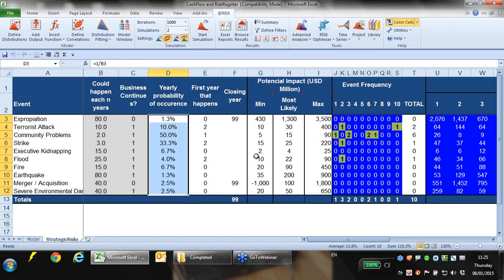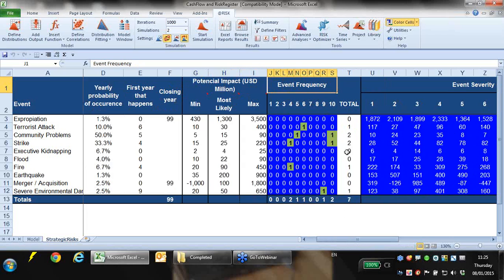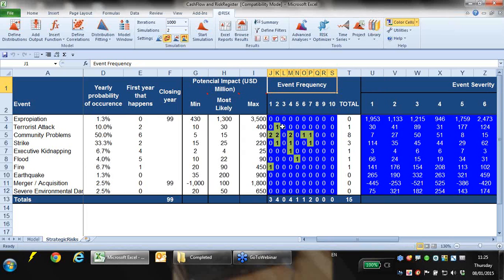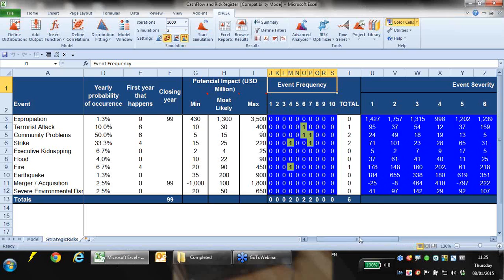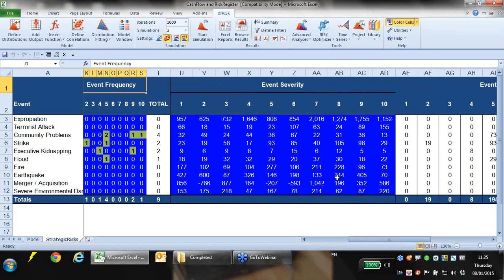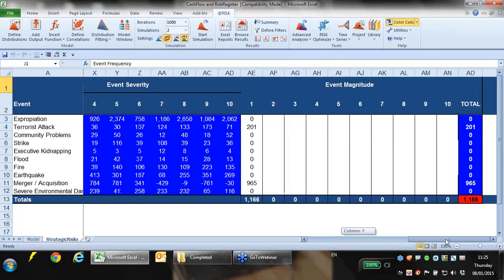Here we're simulating the frequency, so how likely it is that the events are going to happen within a given time period. So we're generating lots of zeros, ones, twos, threes, etc., depending on how the risks have been set up. Here we're generating the magnitude, so how much it's going to cost if any of those risks occur.